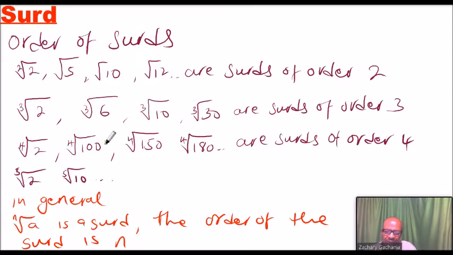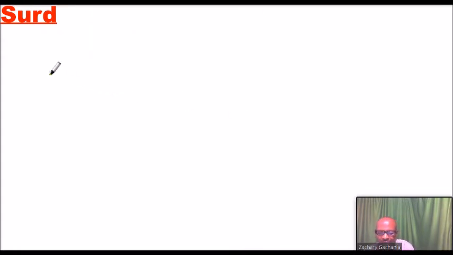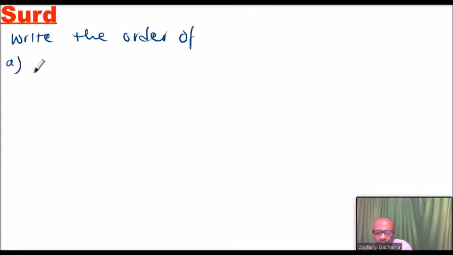Let's have a look at a few examples. Write the order of the following surds. A, the 7th root of 30.